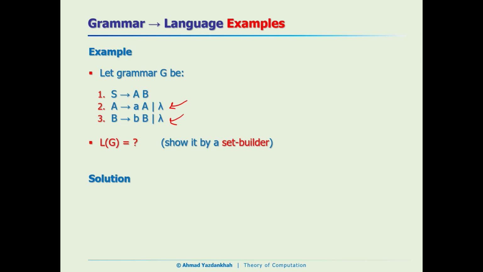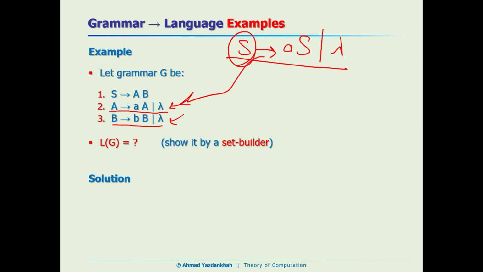So this is equivalent to any number of A's, and this is equivalent to any number of B's. In the previous examples, we had S defined as this or lambda. If you compare this with that, just the S is changed. But we can conclude here that this is any number of A's.